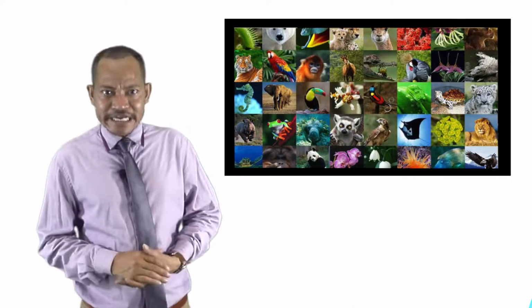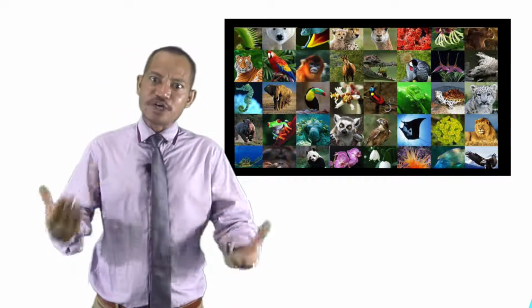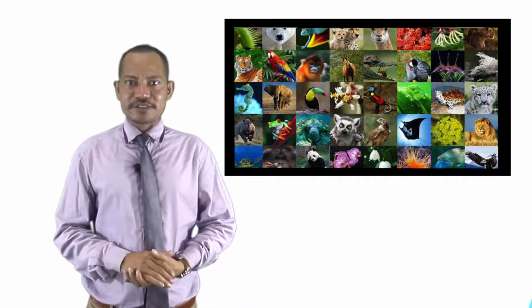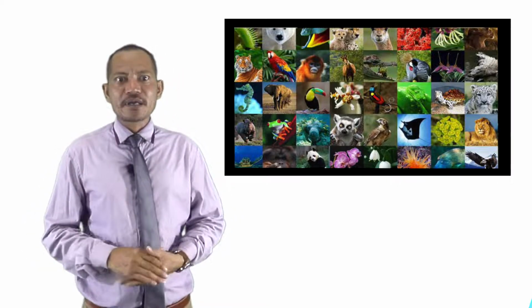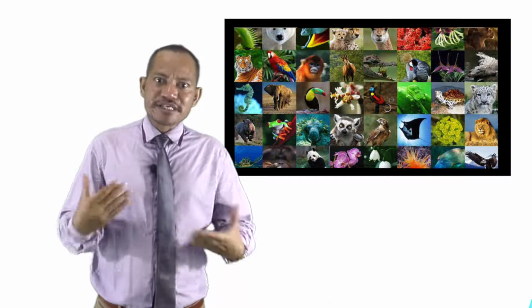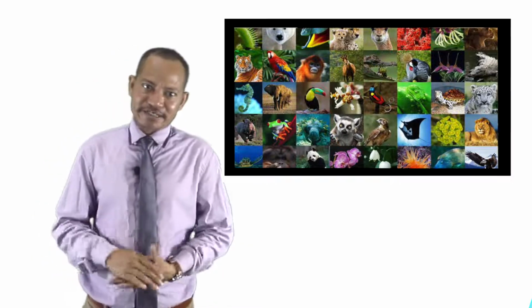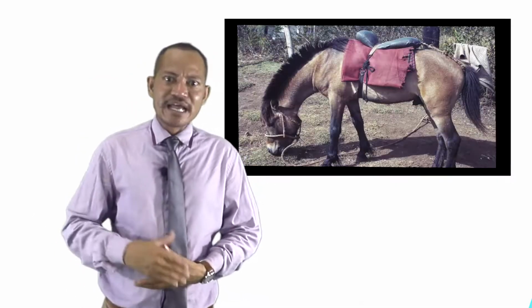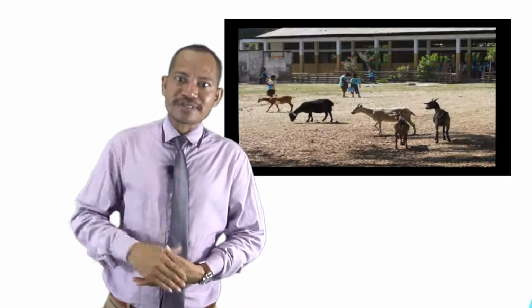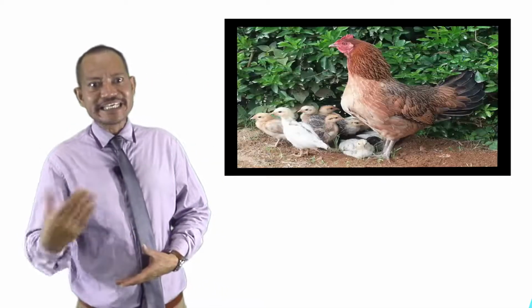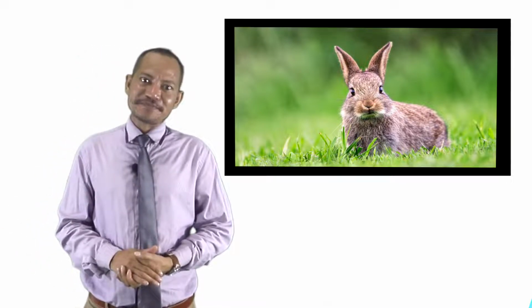And while we are at it, we need to include animals that are known to be our domestic animals or pets. Most precisely, those species of animals that live side by side with us humans on earth, like horses, camels, donkeys, dogs, cats, goats, cows and buffaloes, chickens and roosters, rabbits, and many more, are also examples of species diversity.